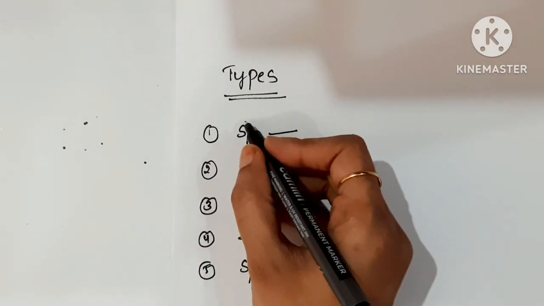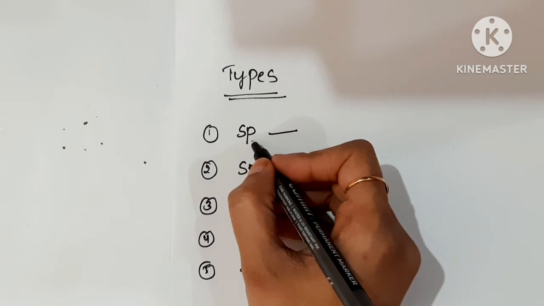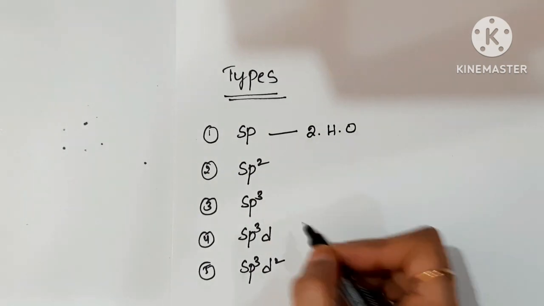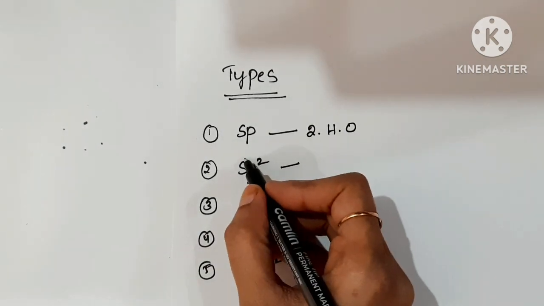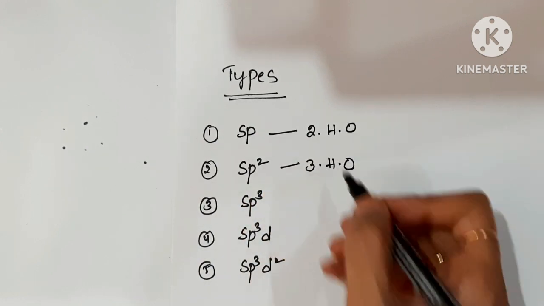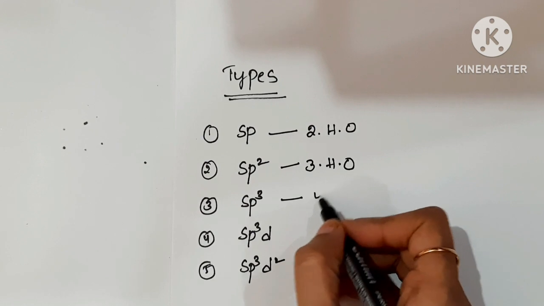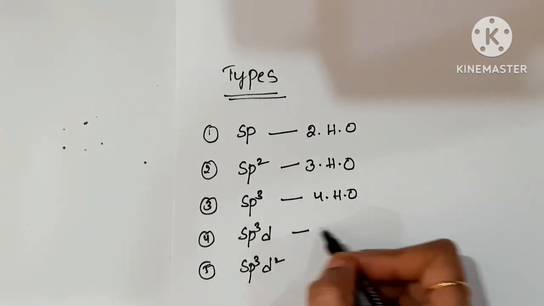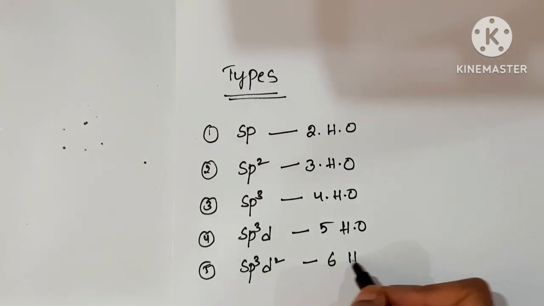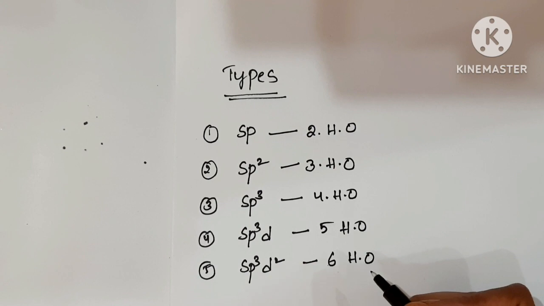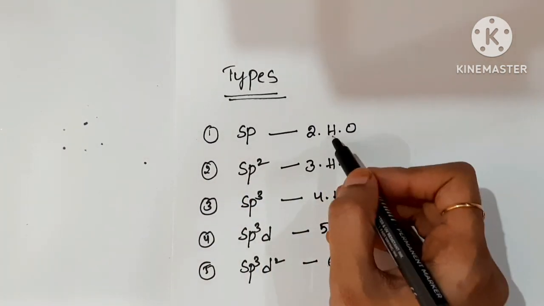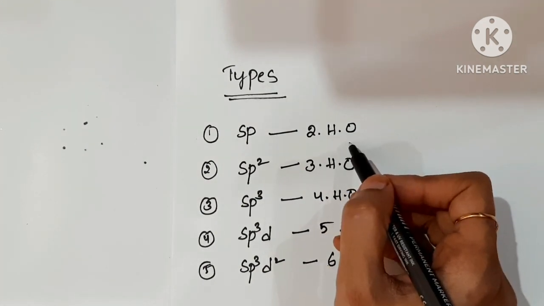In sp hybridization, 1 plus 1, an s orbital and a p orbital combine to form two hybrid orbitals. Here, 1 s orbital and 2 p orbitals combine to form 3 hybrid orbitals. Here, 4 hybrid orbitals. Here, 5 hybrid orbitals. Here, 6 hybrid orbitals. So the number of atomic orbitals is equal to the number of hybrid orbitals, right?